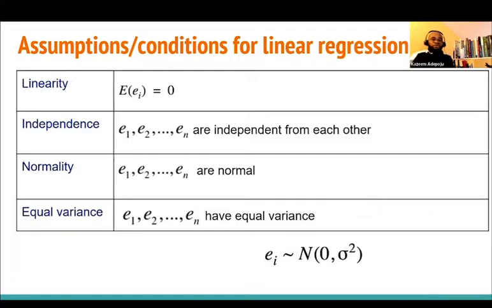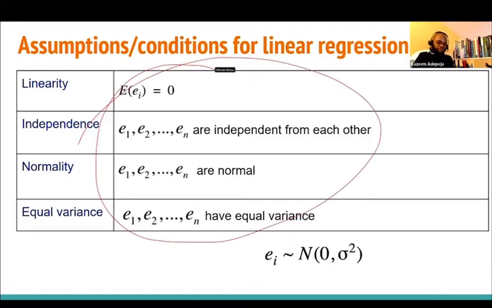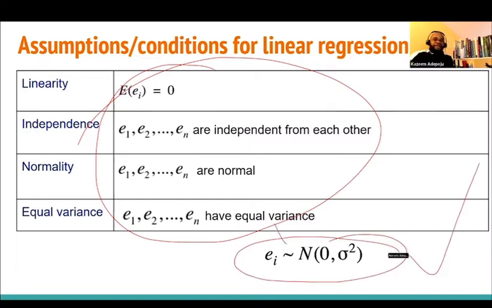But if you combine all these assumptions together, this equation can be used to combine all the assumptions together. Now look at what I'm going to say. Error i follows a normal distribution with mean 0 and variance sigma squared.